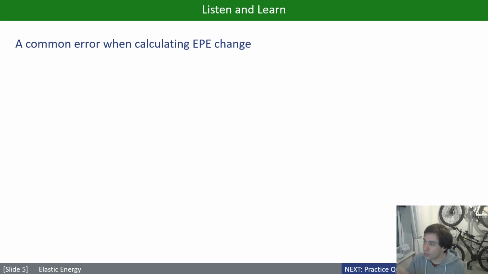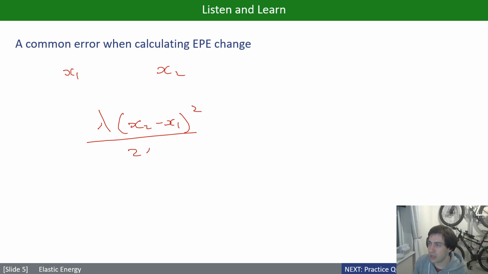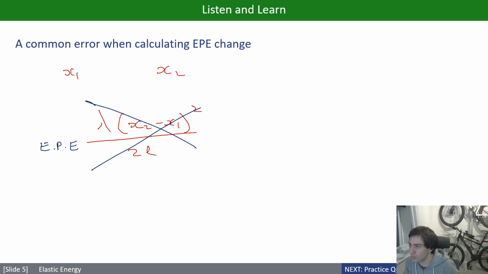So on the previous slide, notice that we calculated the EPE 2 different times completely independently and then found the difference. So what you can't do, for instance, is say if I have an extension 1 and an extension 2, to then do lambda extension 2 minus extension 1 squared all over 2L. You can't do that. That is not going to be the EPE. In fact, I don't think that's anything particularly meaningful.